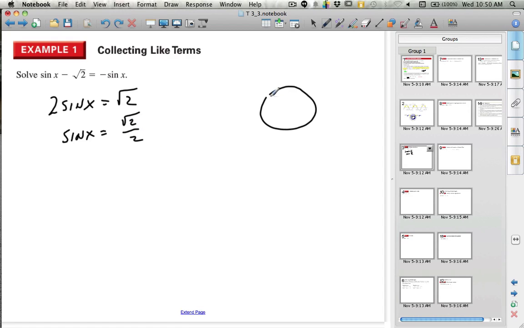So again, when we think about the unit circle, where the y coordinate is root 2 over 2, that's here at 45 degrees, which is also pi over 4. And over here at 135 degrees, which is 1 pi, 2 pi, 3 pi over 4.